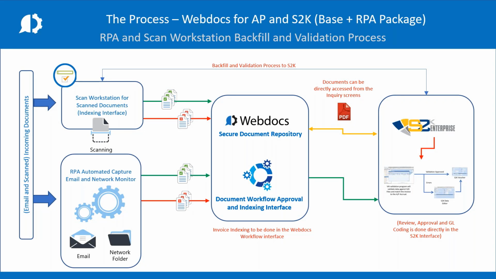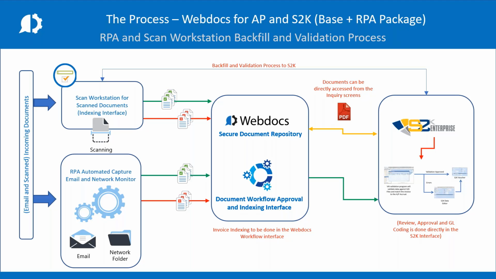First of all, I want to start out by talking about the Base plus RPA package. The Base plus RPA package has the scan workstation capabilities to be able to scan incoming documents. It also has our user tool package, so you can drag and drop documents into the system and automatically route them into workflows and the secure repository.